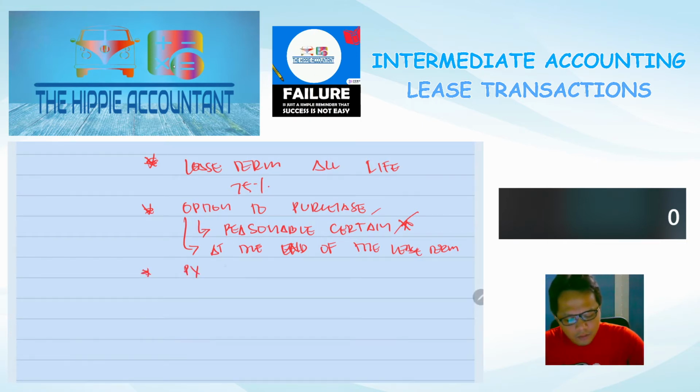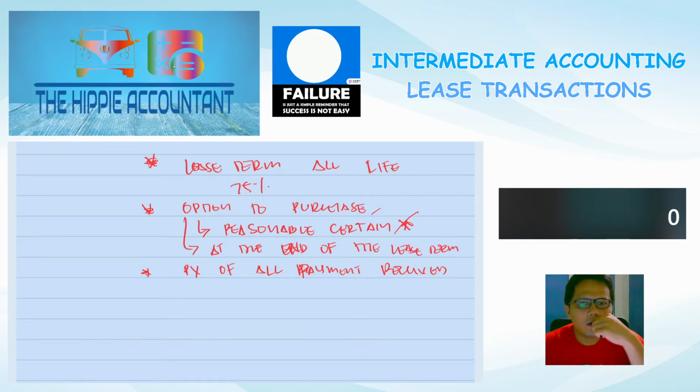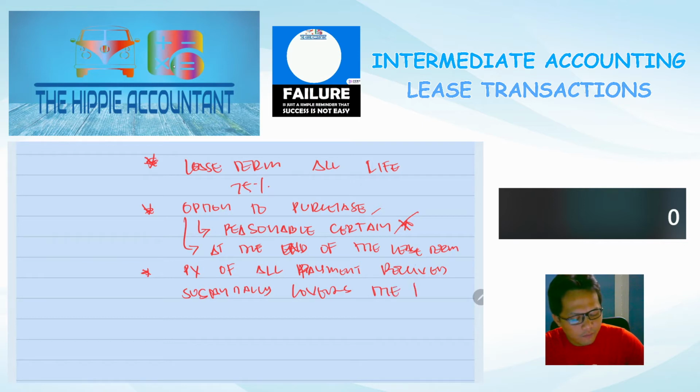Next. The present value of all payments received by the lessor, okay, substantially covers the fair market value of the asset or of the subject of the lease.